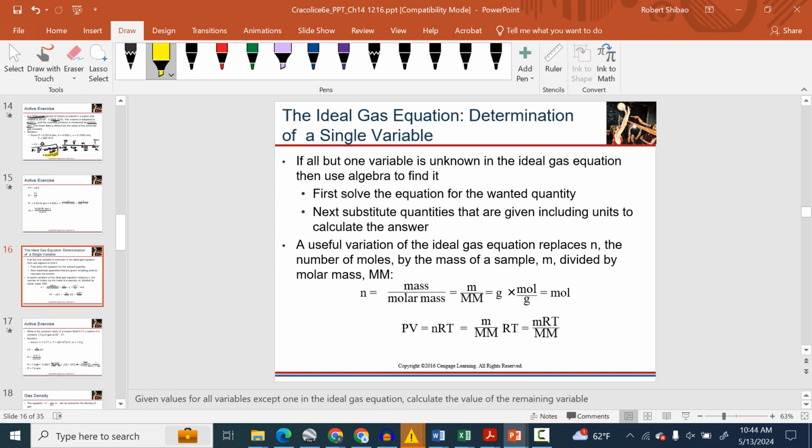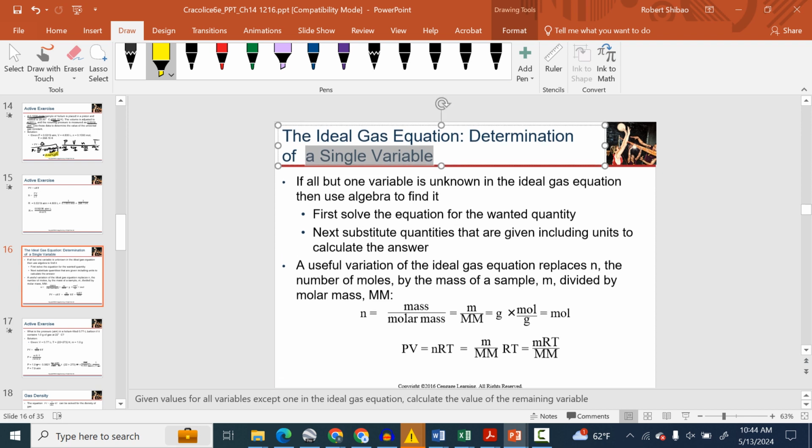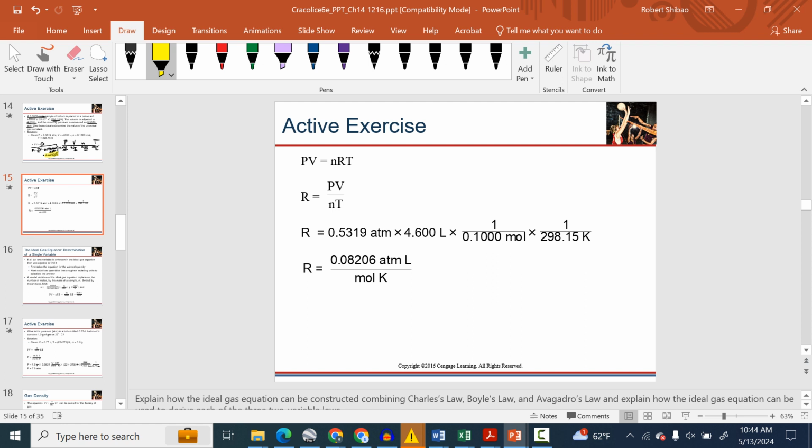So, applications of the ideal gas law. One of the applications is to solve it for a single variable. They don't even give an example of this. It's like what we just did here. The unknown variable is R, and they give us the other 4.